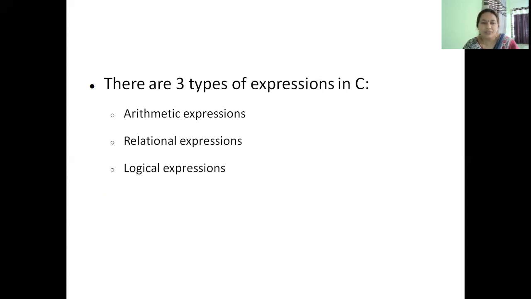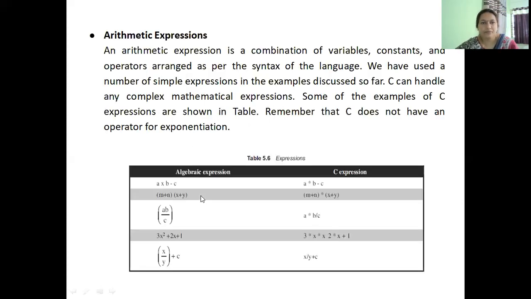As their name suggests, arithmetic expressions consist of operands and arithmetic operators. Relational expressions consist of operands and relational operators. Logical expressions contain operands and logical operators. So in the further part of this video, let's learn arithmetic operations in a little bit more detail.